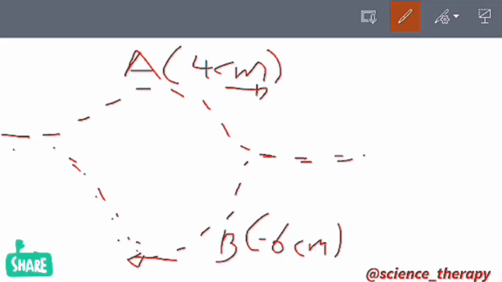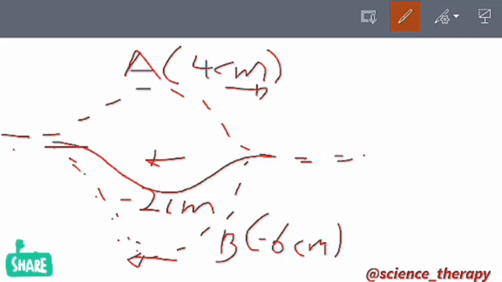Now, the resultant pulse will be negative 2 centimeter. Remember, the direction of the pulse will be in the direction of the bigger pulse, right? So your resultant pulse will be negative 2 centimeter to the left. And that's how you show your resultant pulse, like that.